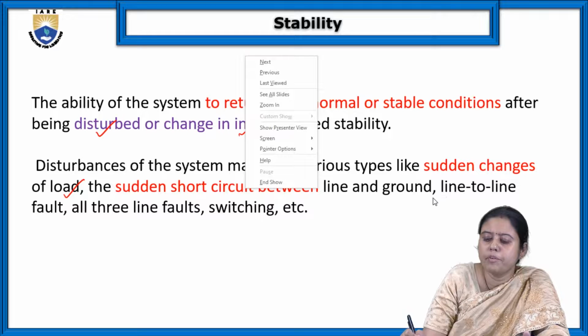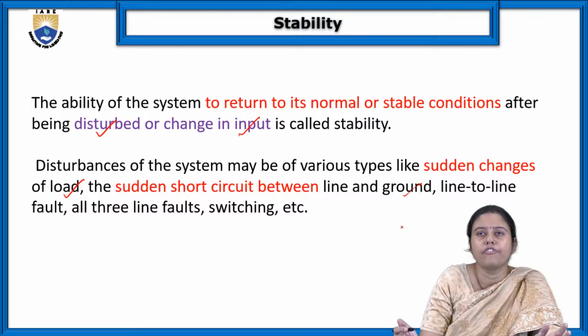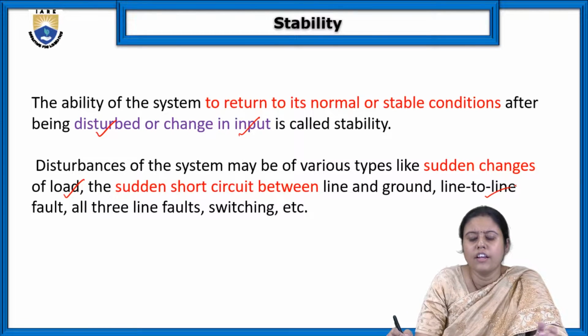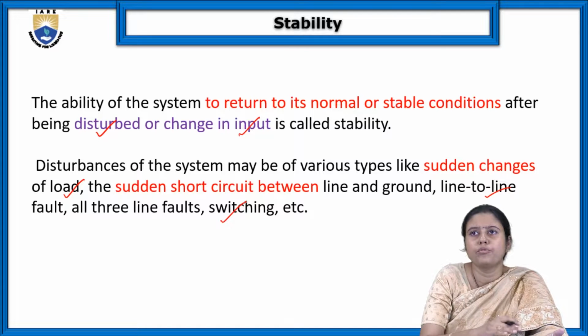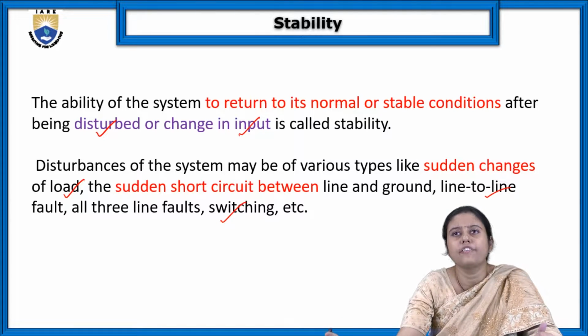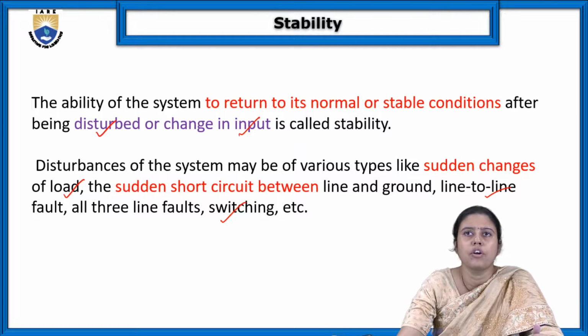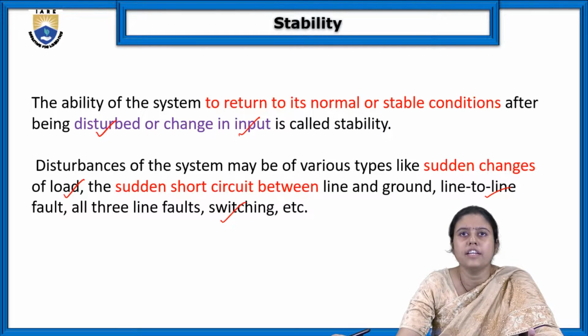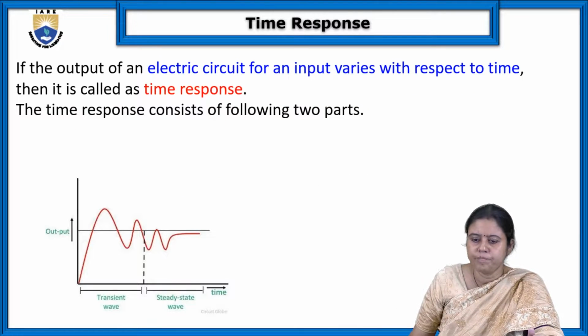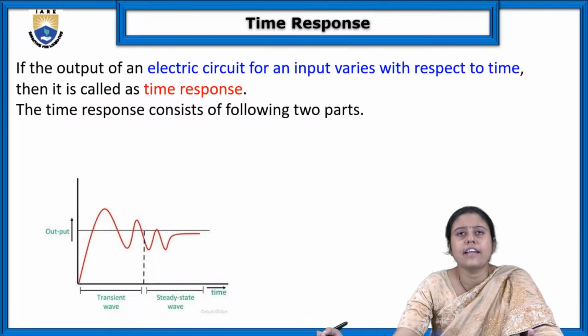Sudden short circuit between the line and ground due to a fault, line to line fault, switching from one switch to another switch. So for the different conditions, there may be some change in the input or some disturbance, and when the system returns to its normal or stable condition after the disturbance, it is called the stability.